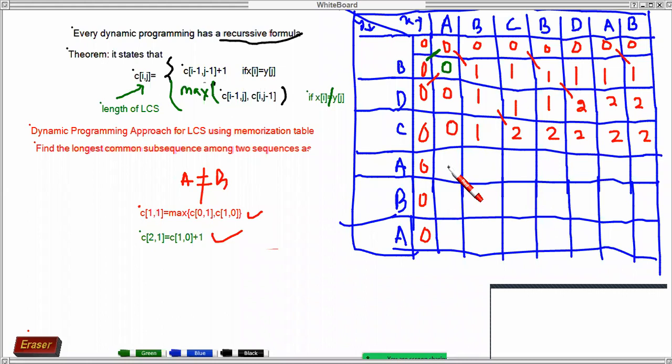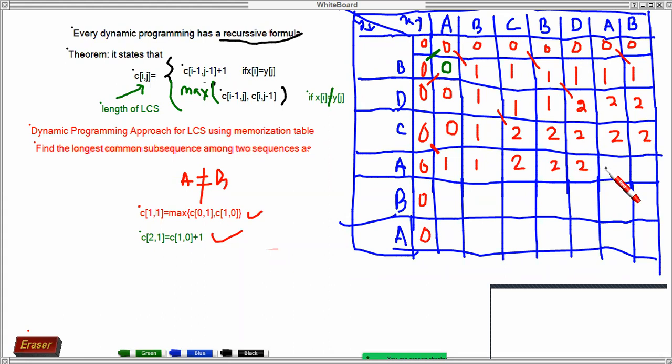Okay. Again A matches. What is matching? What do you have to do? Plus 1, that is 1. A and B, how much? It will be 1. Then this will be 2, then this B will be 2, then D will be 2.